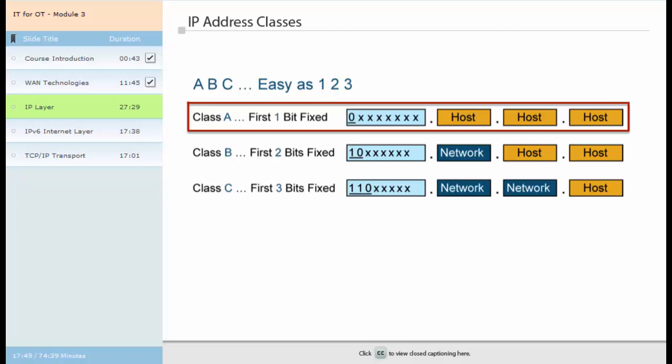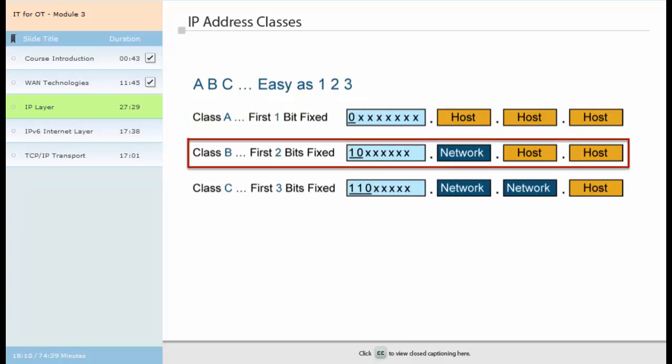Any address that starts with a value between 1 and 126 in the first octet is a Class A address. Notice that Class A addresses all begin with a binary 0. Therefore, the value of the first octet can only be in a range between 1 and 127, and value 127 is reserved.